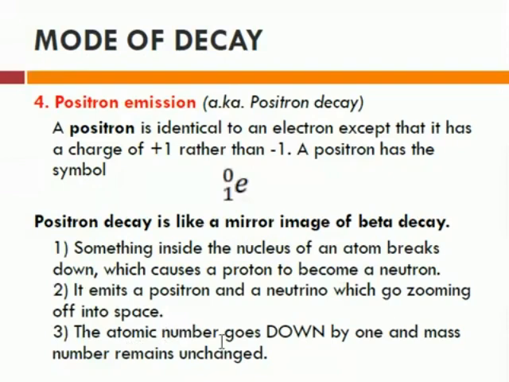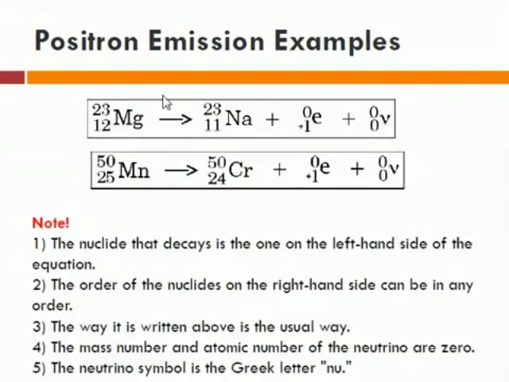Number 3, the atomic number goes down by 1 and the mass number remains unchanged. For the neutrino, we're going to write the symbol without a bar above it. So for the example, we write the positron here and the neutrino without a bar above the symbol. 0 plus 0, still 23.